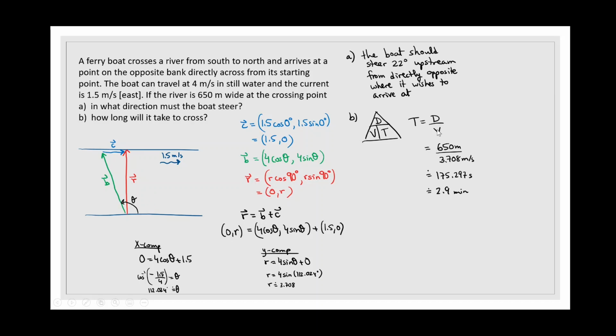So you cannot just take any velocity that you wish to divide. So you cannot take the original boat velocity 4 meters per second to divide into the distance, because this green arrow is not in the same direction as the width of this river. So you have to make sure you grab the corresponding sides to do this division, and you would get roughly 2.9 minutes that it takes to cross this river.